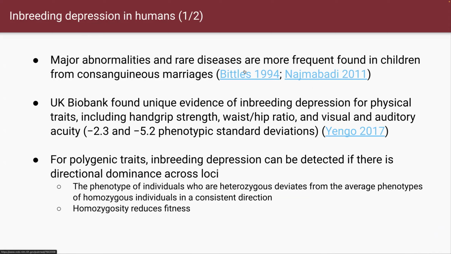But in recent years we have biobank datasets, so people measure this in a very systematic way. They measure many different phenotypes, and which phenotypes are affected by inbreeding patterns, so they can measure it in a mathematically standardized way. They also have some information on polygenic situations.